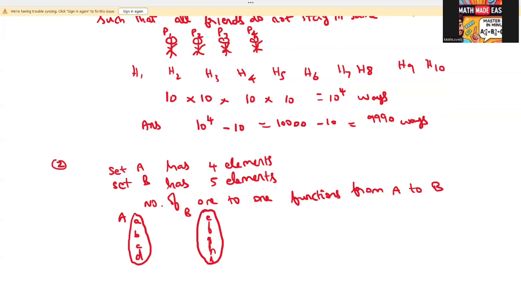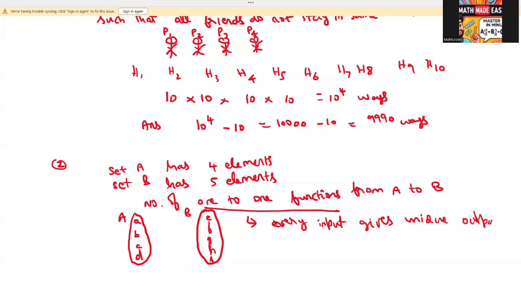But if I'm mapping A to E, then E cannot be mapped to B or C or D. That's what one-to-one means. Every input gives a unique output.